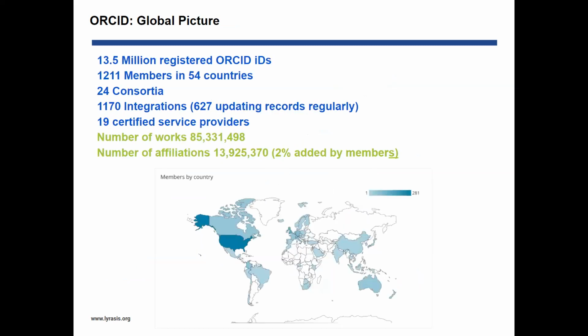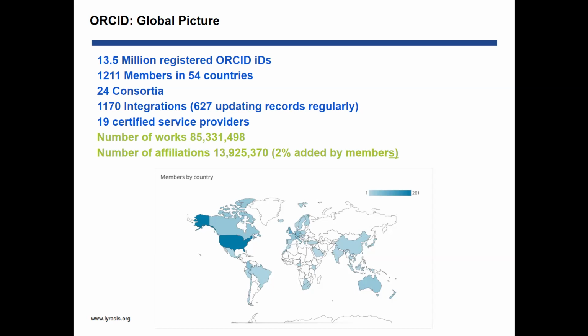And if we go to the global picture, this has slightly changed in this past month, because we have our first member in Russia after several negotiations with Russia and with the ministry there. And we have a total of 13.5 million registered ORCID IDs, over 1,200 members in 55 countries now, 24 consortia, and over 1,100 integrations.